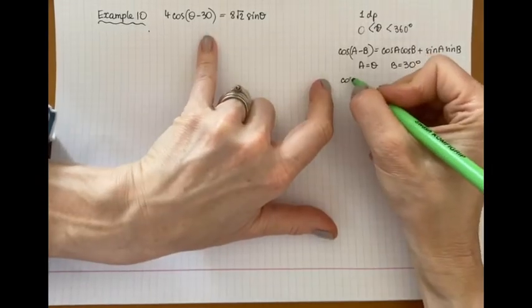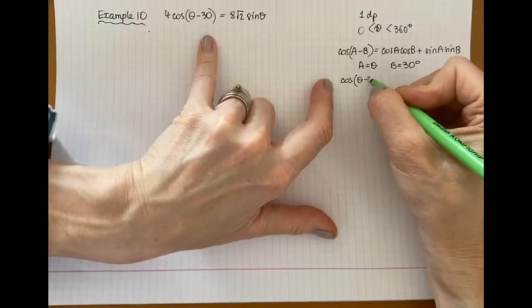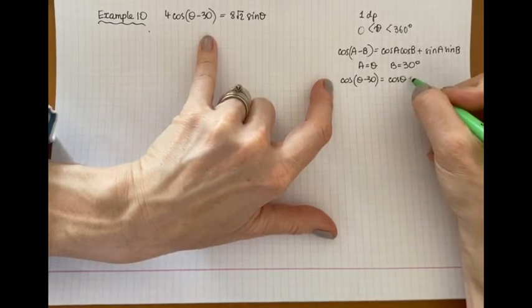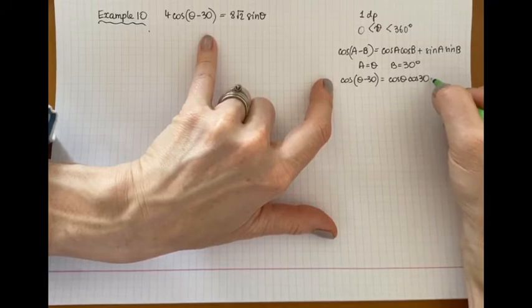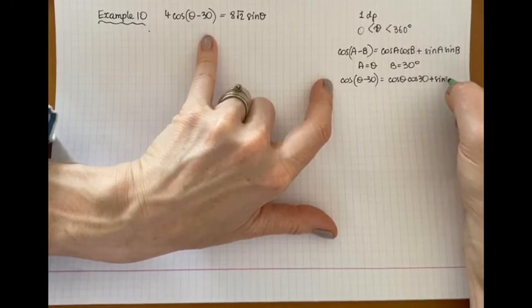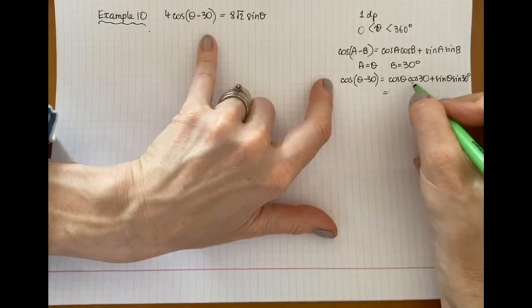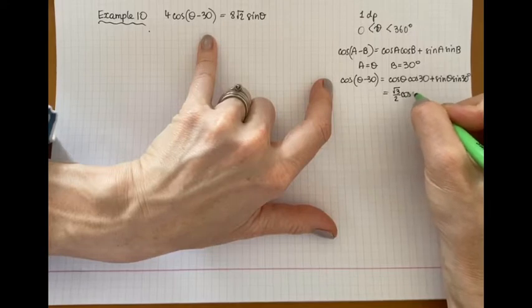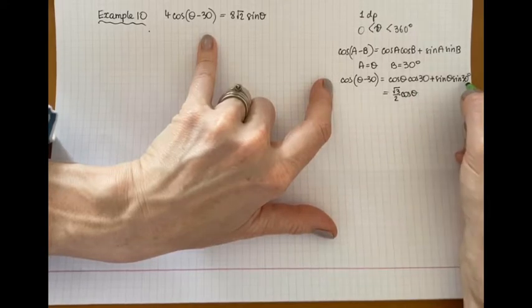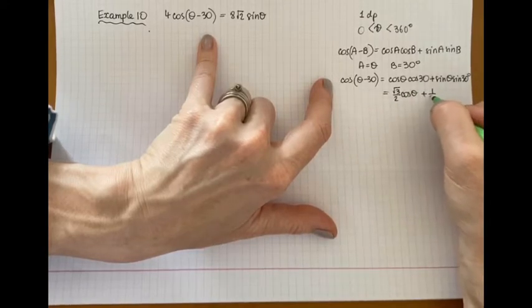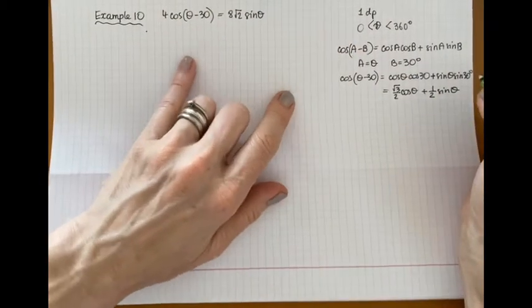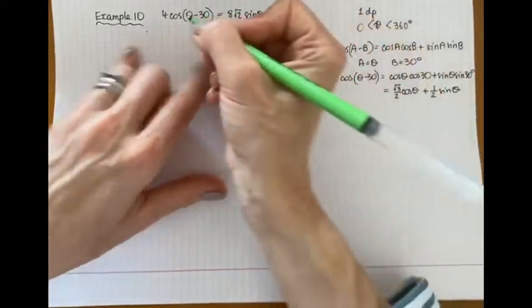You will have cos(theta minus 30) is going to be cos theta cos 30 plus sine theta sine 30. This will give me root 3 over 2 multiplied by cos theta, and this is a half of sine theta. Okay, so let's substitute this into our equation.